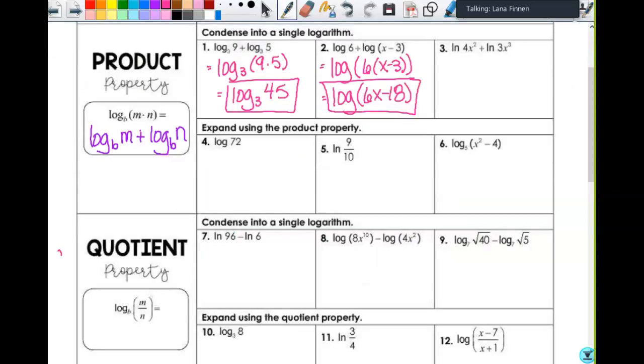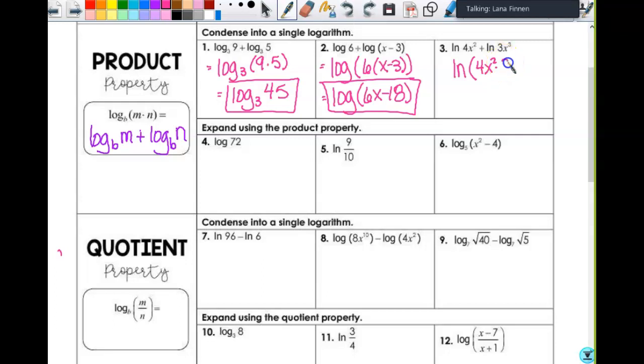Gwyneth, tell me, what did you get for number 3? Okay. So what do I write? Natural log of what? Plus 3x cubed?